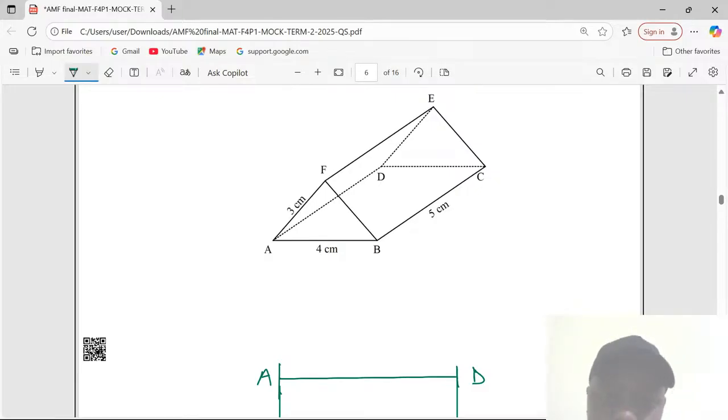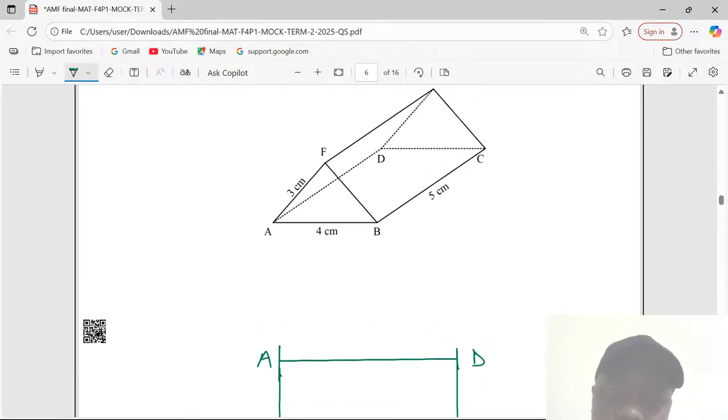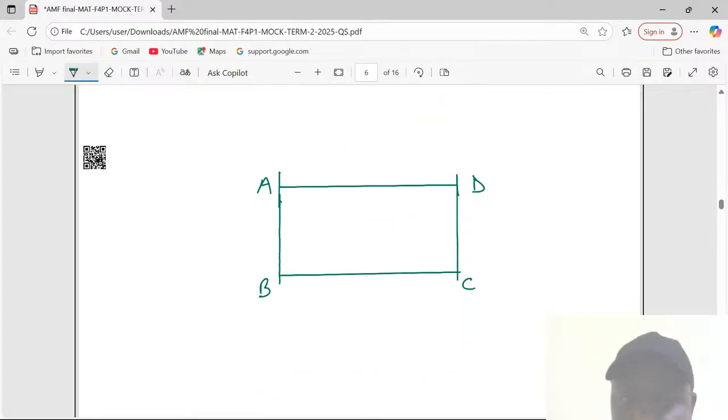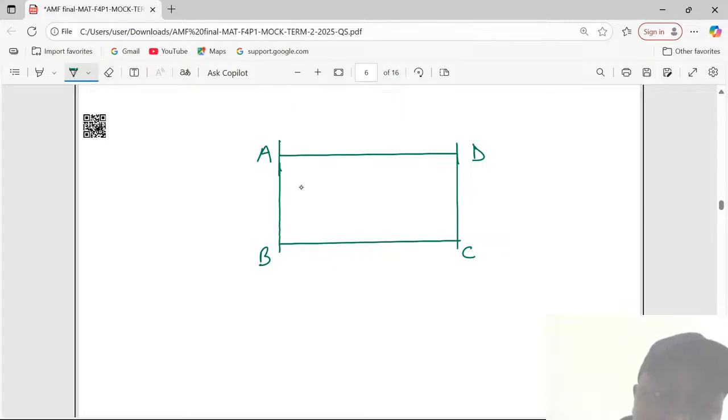Then, attached to this base, we have 2 other rectangles, B, C, E, F. Because this one is 3, and this one also 3, we can now draw the 3 centimeters to get F and E. Remember, these are 4 centimeters. These are 5 centimeters.